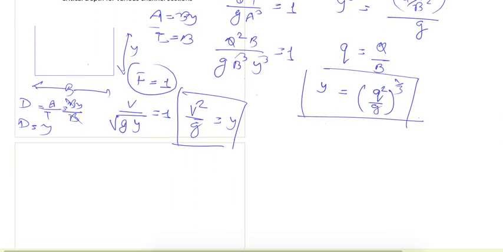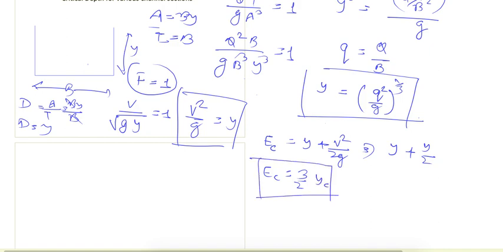And if I want to find out the specific energy at critical depth, which is equal to y plus V square upon 2g. So y plus V square upon g is equal to y, so y plus y upon 2. So this is equal to 3 by 2 Yc, also Yc.